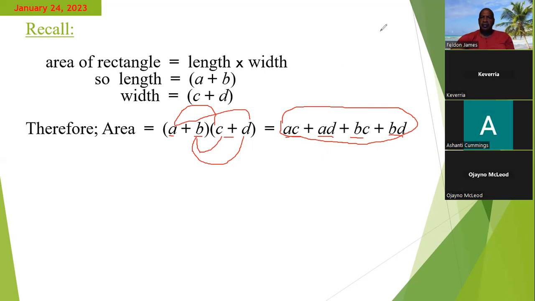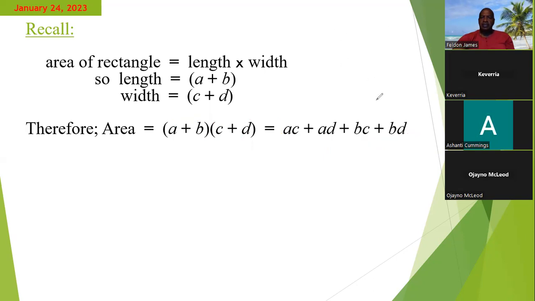All right. Any questions so far? Is it clear what I'm explaining to you guys? Any question? Escavero? Is it clear so far?